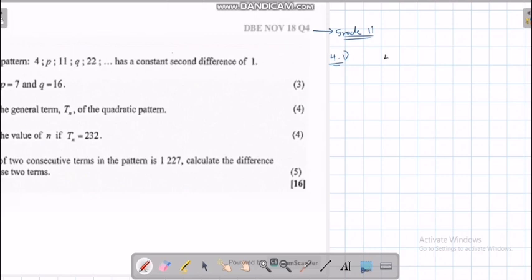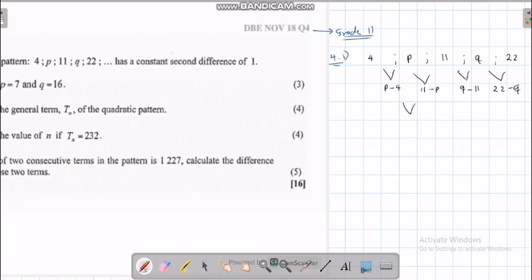We have 4, p, 11, q, then 22. So now let's check our differences. p minus 4, then 11 minus p, q minus 11, then 22 minus q.